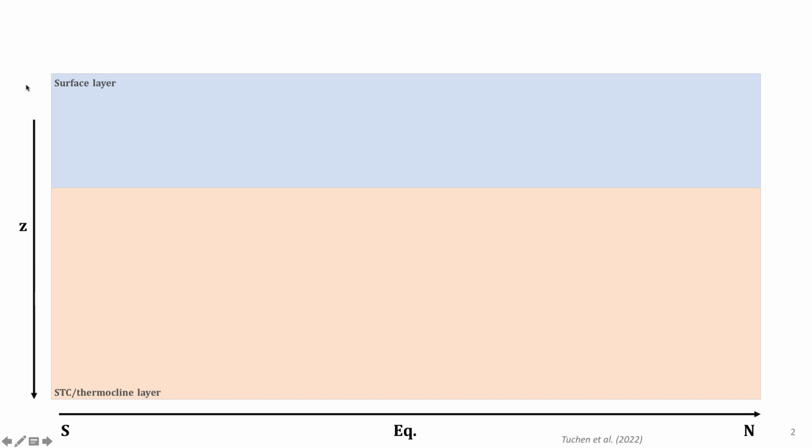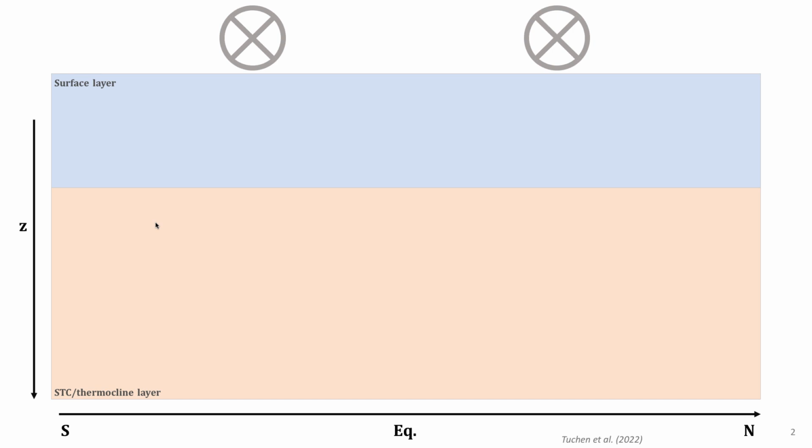Here you have the depth, and from the southern subtropics to the northern subtropics on this line. And we divide the tropical Atlantic upper ocean into two layers. On the upper side, there's the surface layer that is influenced by the wind stress, and then at subsurface level, we have the thermocline layer, also called the STC layer.